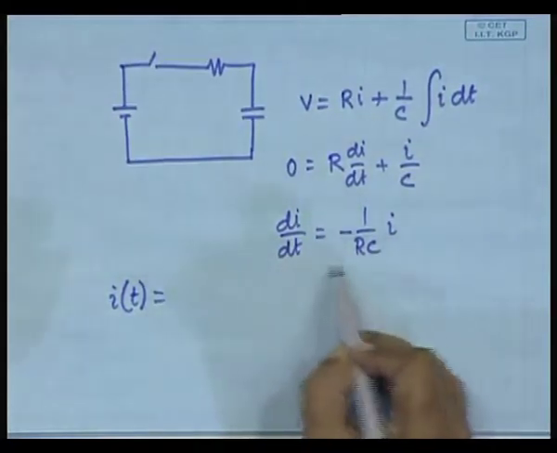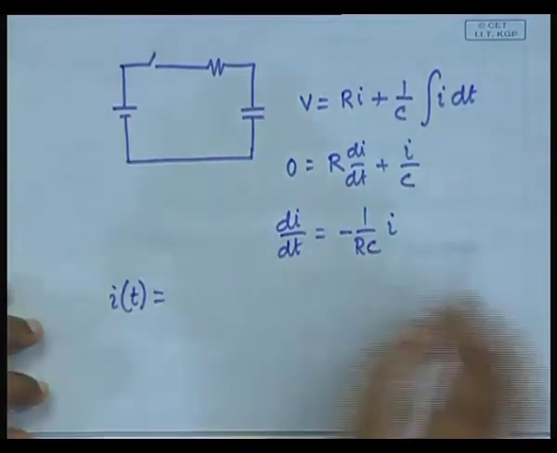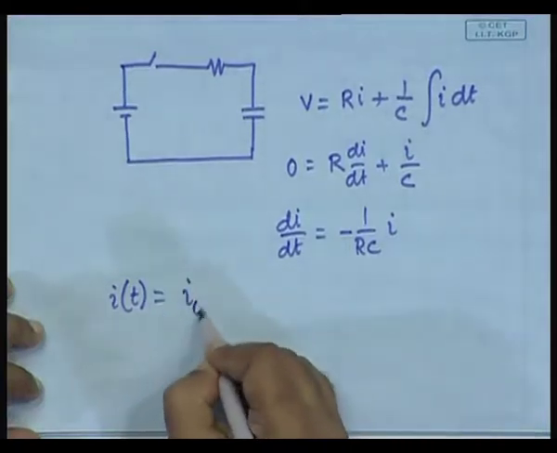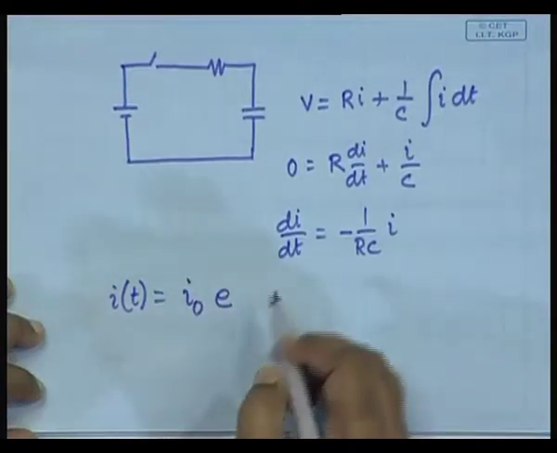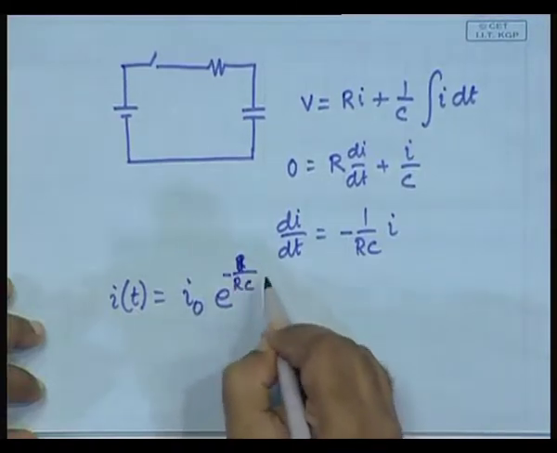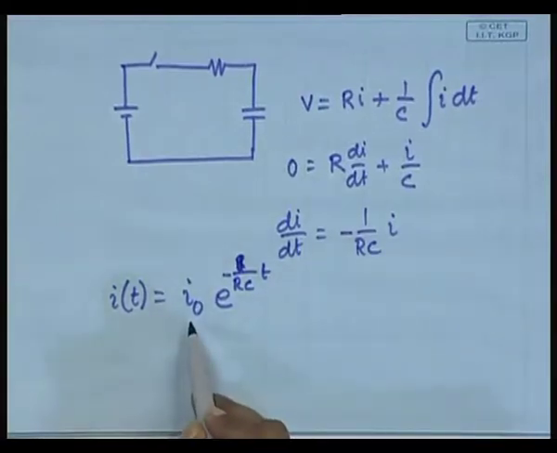Because we have obtained it in terms of I. If you obtain it in terms of the voltage, it will not come in that form. So, this is convenient. The solution is I naught e to the power minus 1 by RC t. Okay. What is I naught? Initial current.